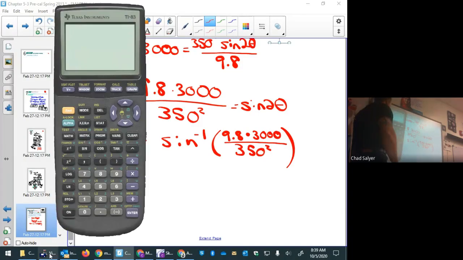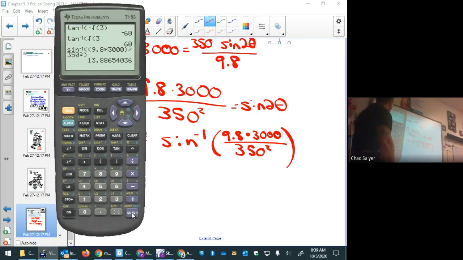So let's see what that is. This is going to be a little misleading, and I'll tell you why in a second. So sine inverse of numerator 9.8 times 3,000 divided by denominator 350 squared. It tells me 13.8 degrees.